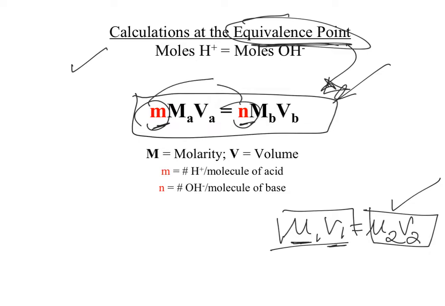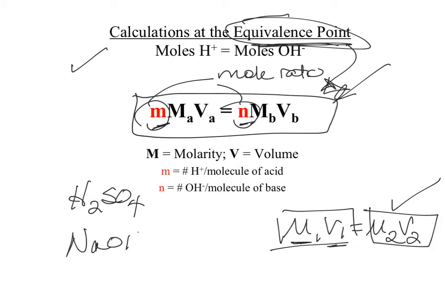These account for the mole ratio of the acid that is being titrated and the base that is being used to titrate with. So, for example, if you're analyzing a diprotic acid with a monoprotic base like sodium hydroxide, what these little coefficients stand for, M, now this is a little tricky, so you're going to have to pay attention.